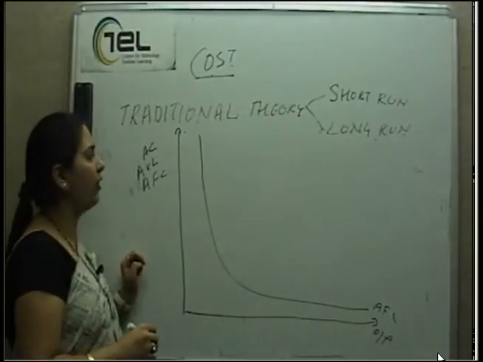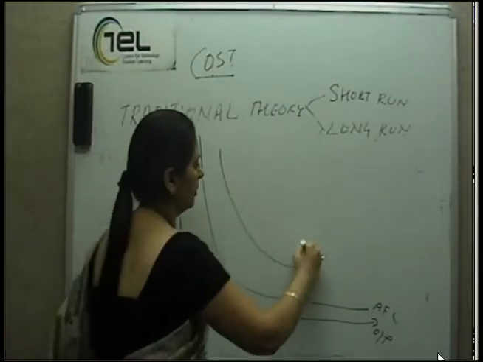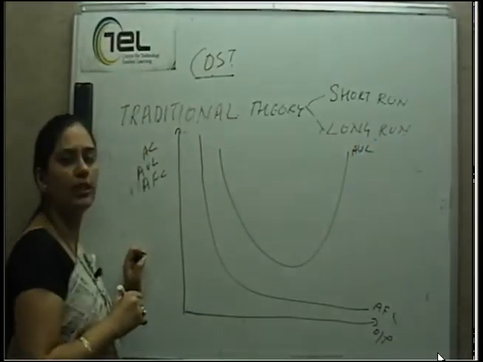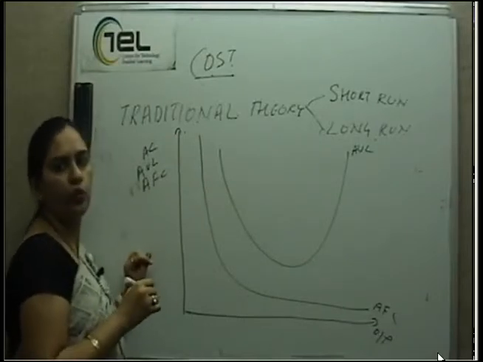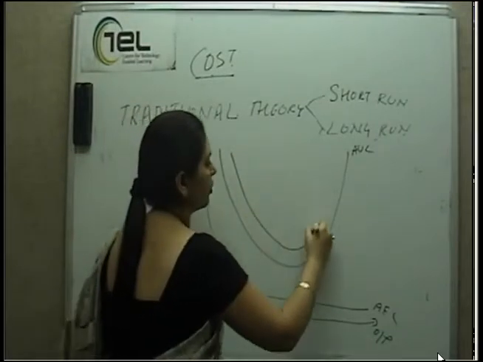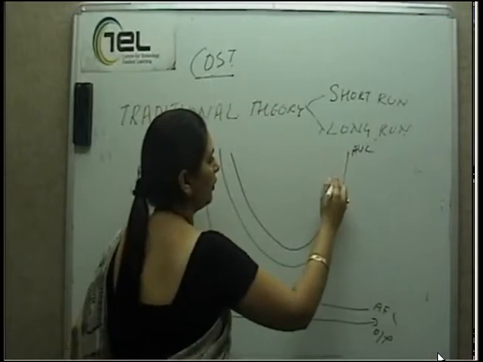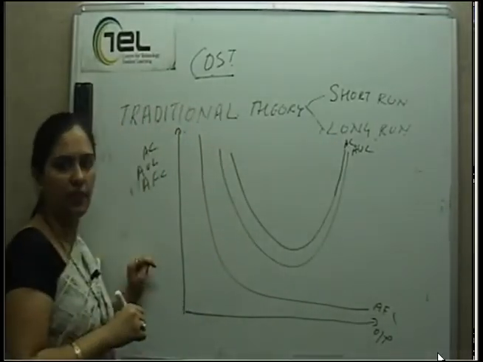Then I said average variable cost is a U-shaped curve, and average cost is again a U-shaped curve, but it would never touch average variable cost, though it can come closer to average variable cost.